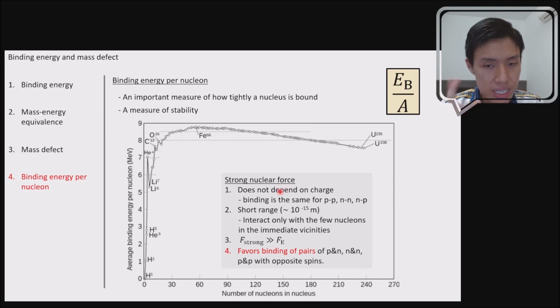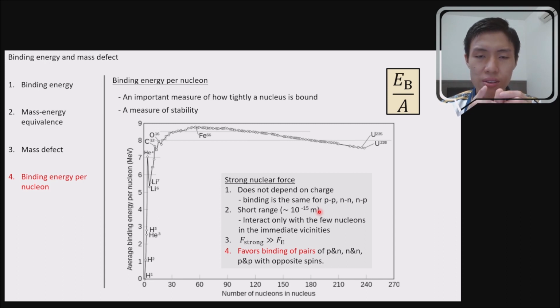The second property of the strong nuclear force is that it only acts over a very, very short range, on the order of 10 to the power negative 15 meters, which is about a Fermi. The strong force can only be activated in that very short range.